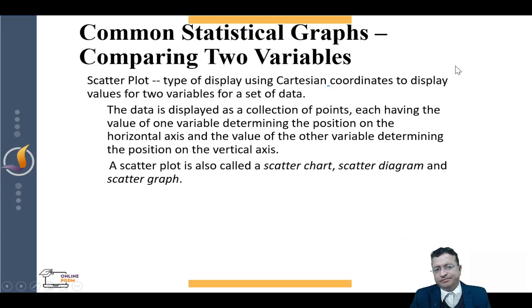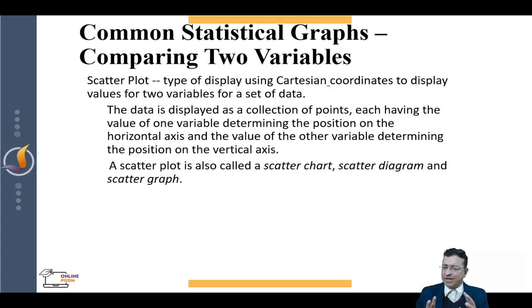So now we have another very important statistical graph, which is known as the scatter plot. The type of display using Cartesian coordinates you must have studied at school level. Now we will try to understand what exactly we do with the scatter plot. For example, we have two variables.